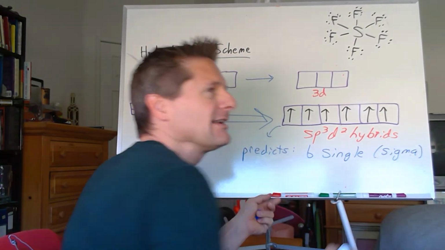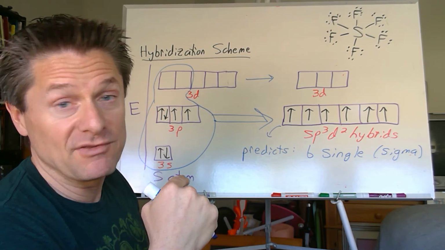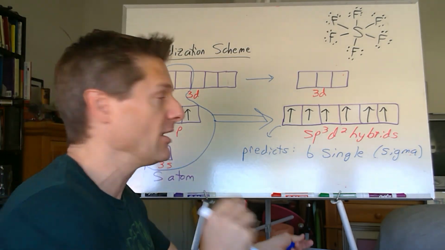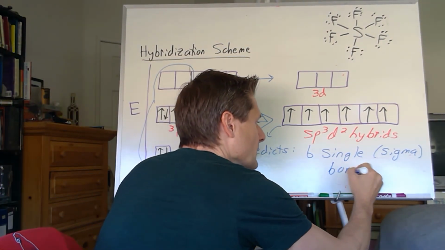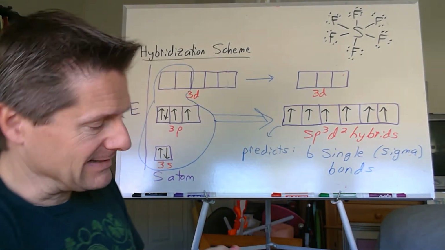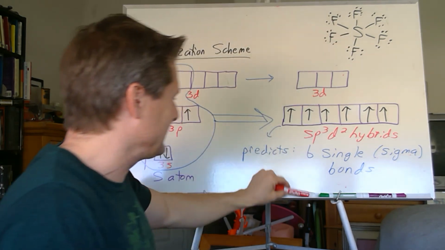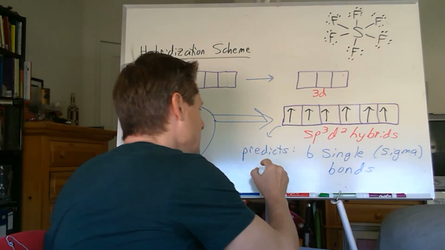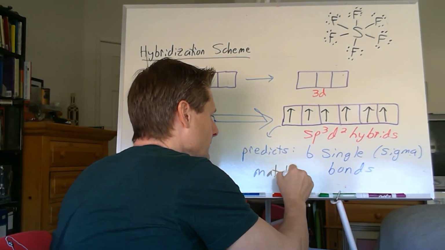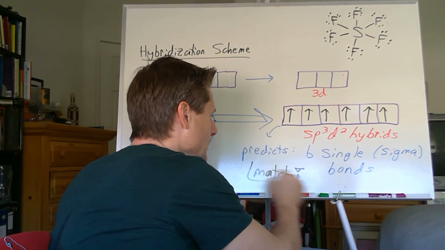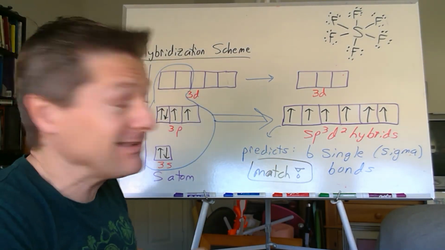We're going to look at single and double bonds differently in hybridization theory. That's going to really hit in the next video hard. So we predict 6 single or sigma bonds. Does that match? 1, 2, 3, 4, 5, 6. That is a match, my friends. I love hybridization schemes.